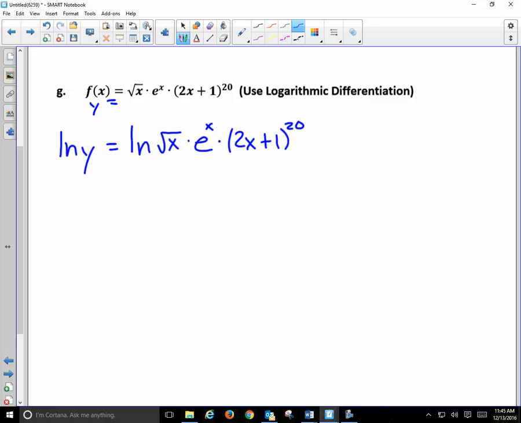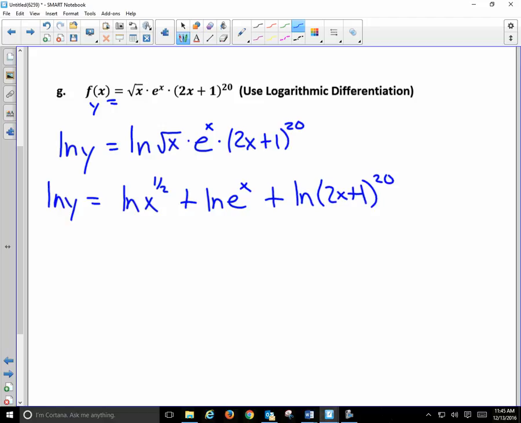So now I can expand this with addition. We'll raise x to the 1/2. Technically we don't distribute, but each piece that was written as a term being multiplied, we change to a logarithm being added.